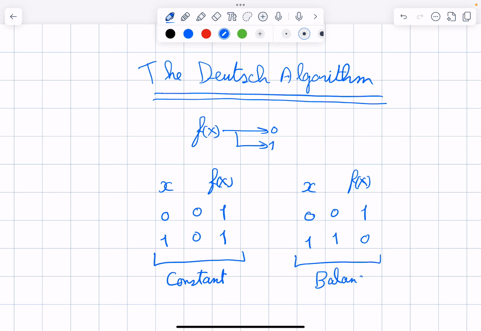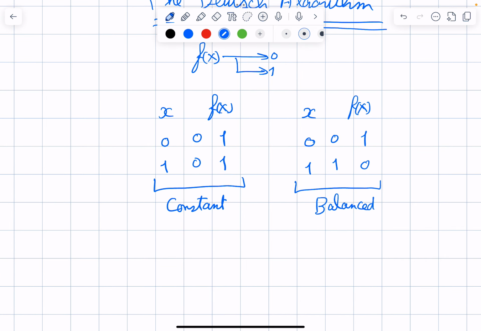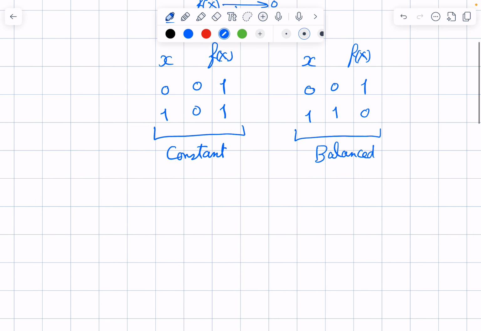And we want to make a single measurement to decide if this function is constant or balanced. For this purpose, we are going to build a quantum circuit, which is a simple one.